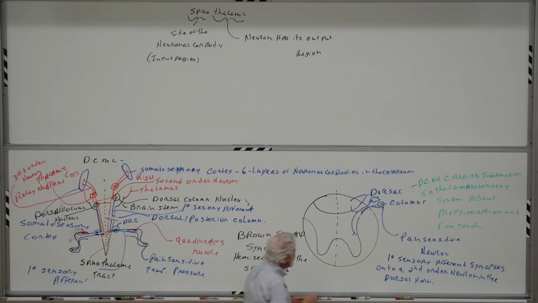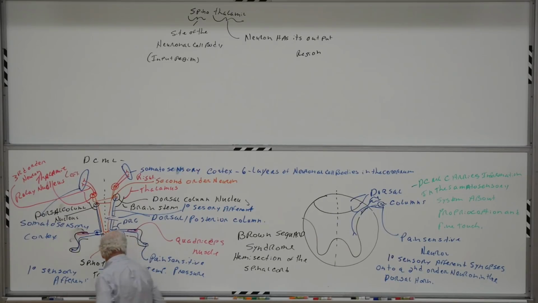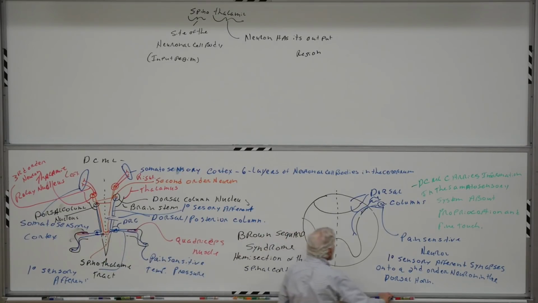And maybe that would be helpful if we would follow through here in the cross section, where the primary sensory afferent now comes into the spinal cord and almost immediately synapses onto the second order neuron.